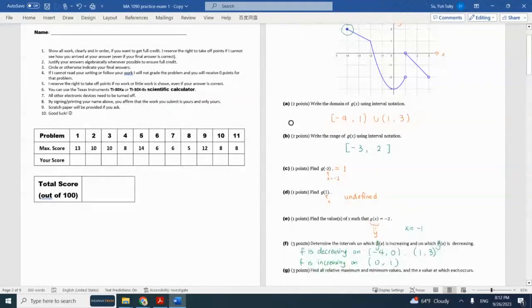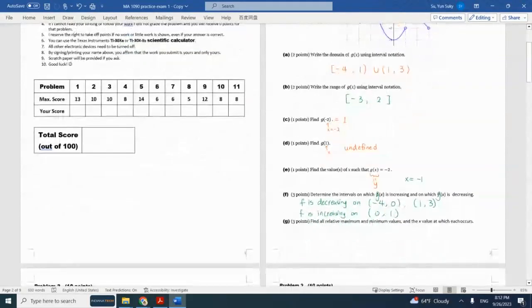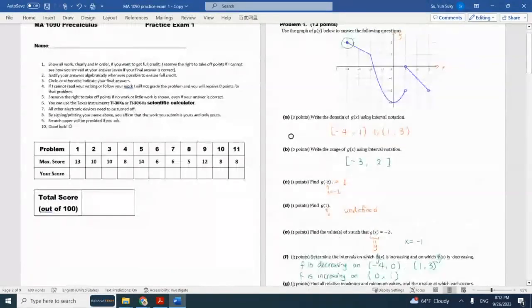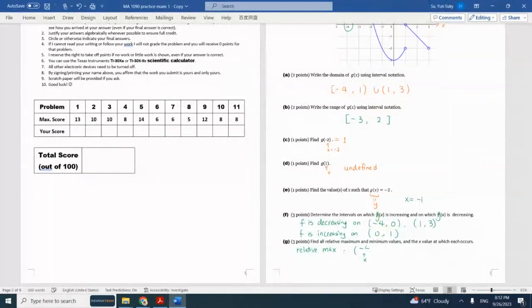So we get a relative maximum, and you can use coordinate notation. So x is minus 4, and the y value is 2. So when x is minus 4, our relative maximum value is 2.